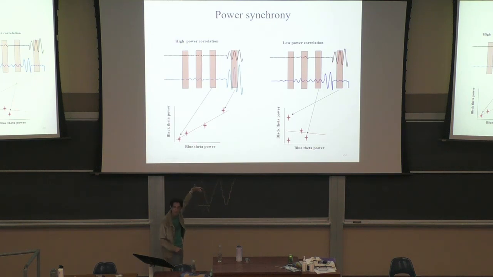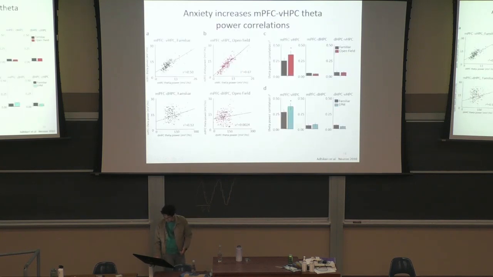A low power correlation would be when the black oscillation is big and the blue is not, so they're completely unrelated. Higher power correlation suggests higher synchrony between the two regions, so the two regions might be working together and communicating with each other. So that's the method that was used.